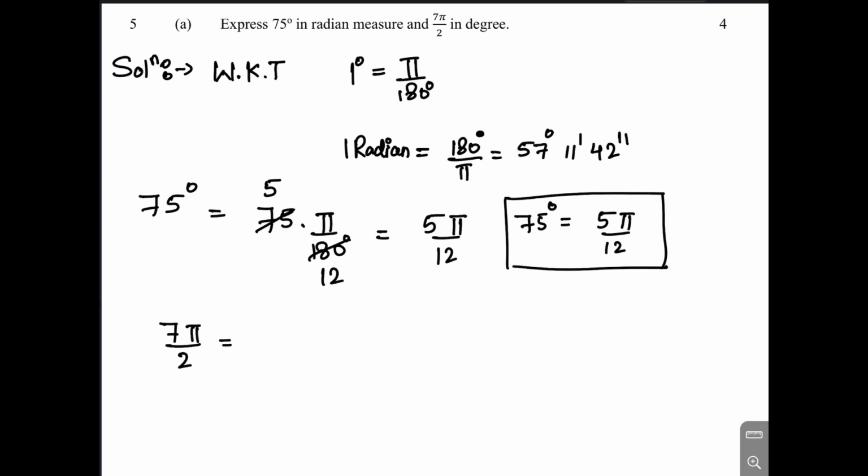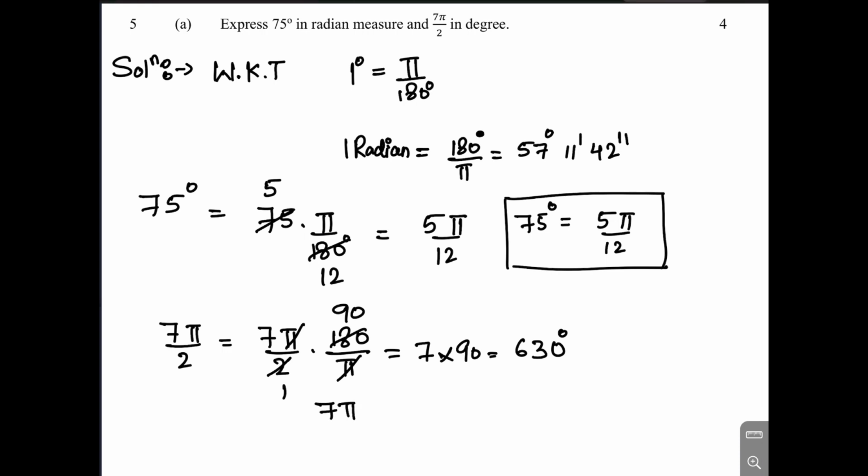So 7 pi divided by 2 into 180 divided by pi. Pi will get cancelled. 2 ones are 2, 2 nines are 18, so 7 into 90, which gives 630 degree. So we can say 7 pi by 2 equals 630 degree.